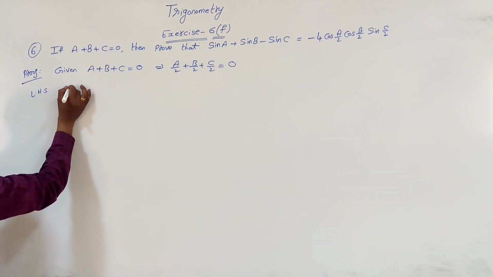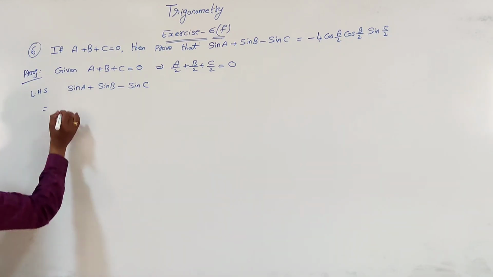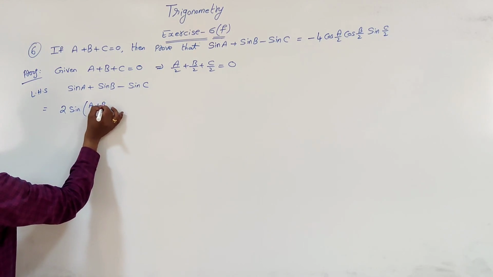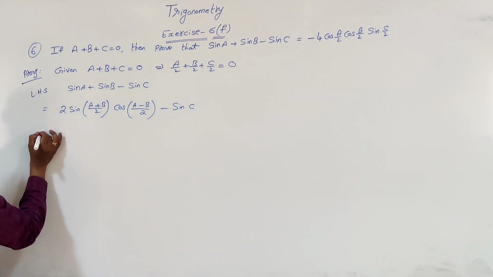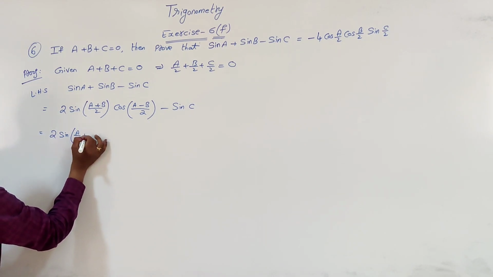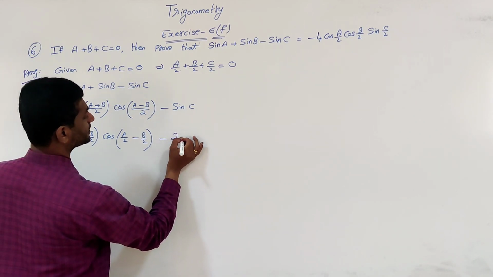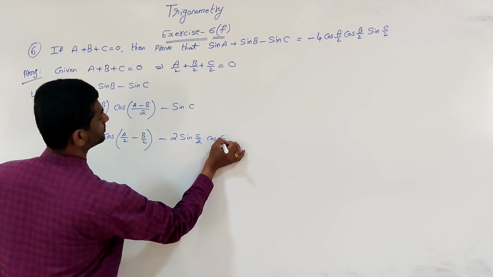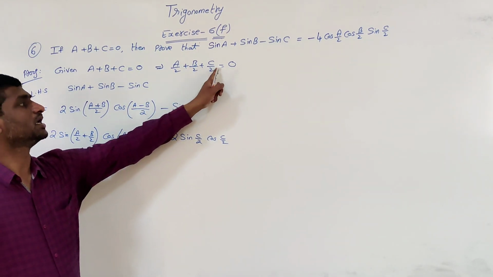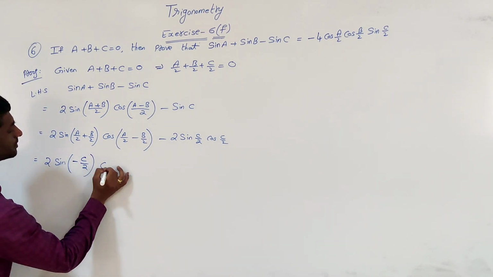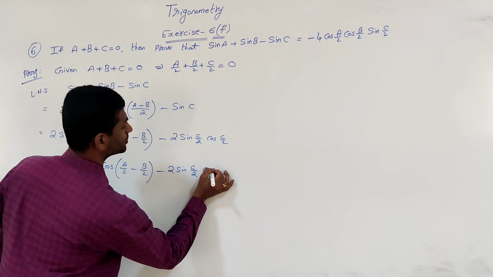Now LHS, sin A + sin B − sin C. Sin A + sin B can be written as 2 sin((A+B)/2) cos((A−B)/2) minus sin C. Sin C can be written as 2 sin(C/2) cos(C/2). So 2 sin((A+B)/2), and from this condition (A+B)/2 can be written as minus C/2, so 2 sin(−C/2) cos((A−B)/2) minus 2 sin(C/2) cos(C/2).